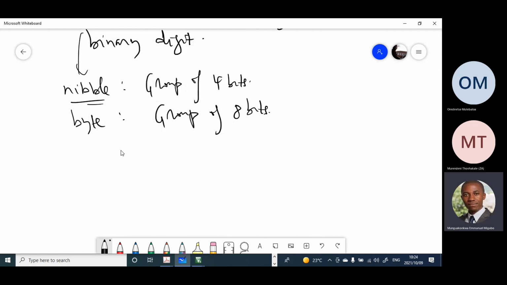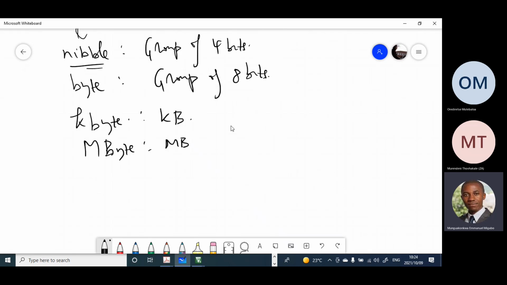And from there on, you've got multiples of this, and you can go kilo. Let's start with kilobytes, which is abbreviated mostly as KB, megabytes, abbreviated as MB, gigabytes, often abbreviated as GB.